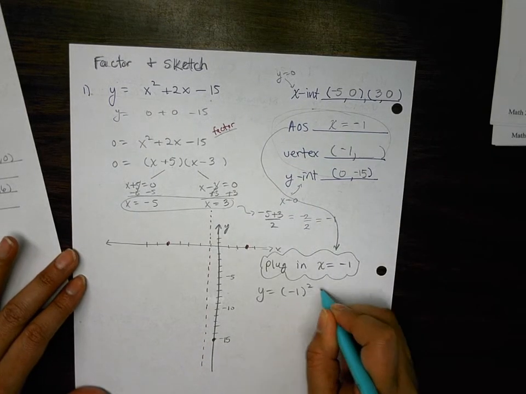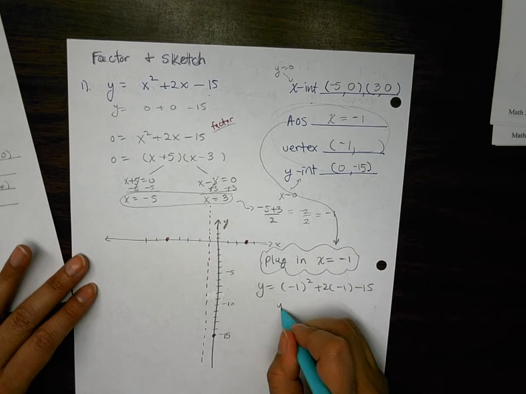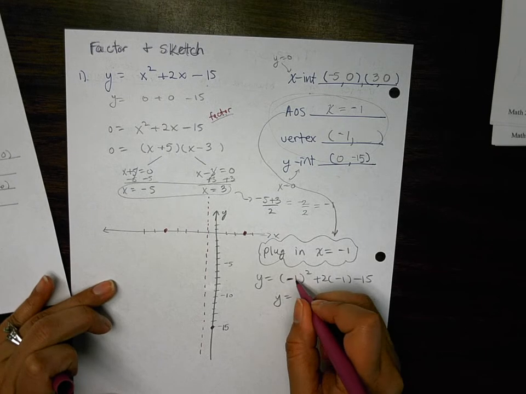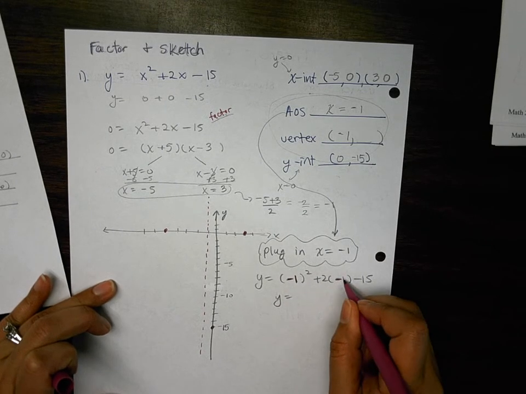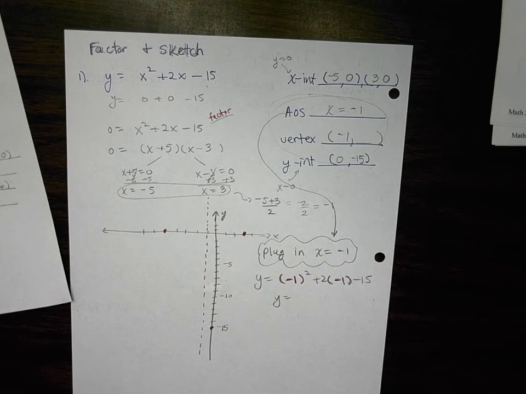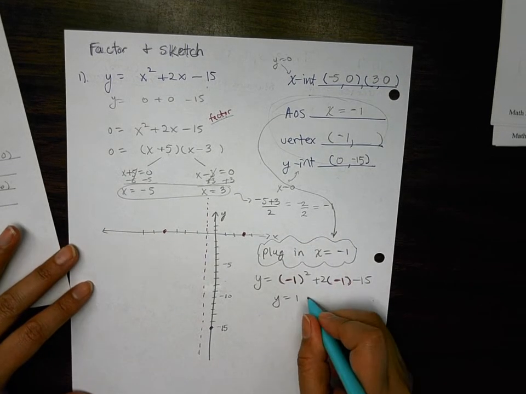Okay, so plug it in. y equals -1 squared plus 2 times -1 minus 15. These negative ones are coming from what we're plugging in for x. Let's do it quickly. What's -1 squared?